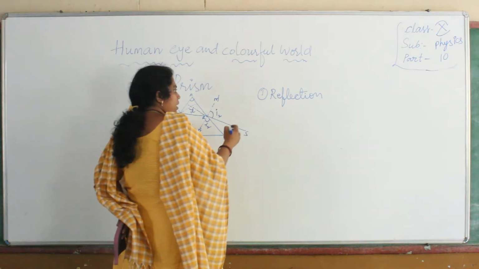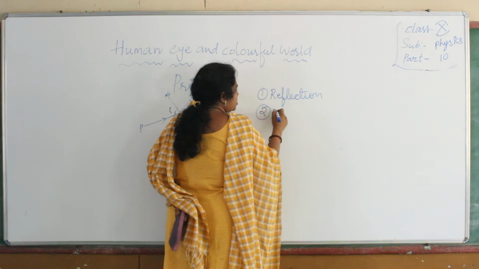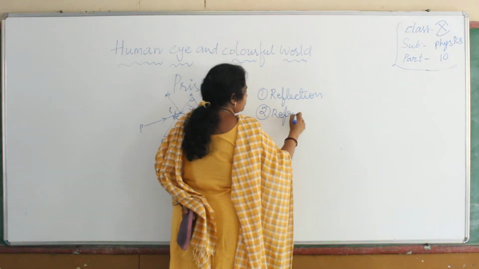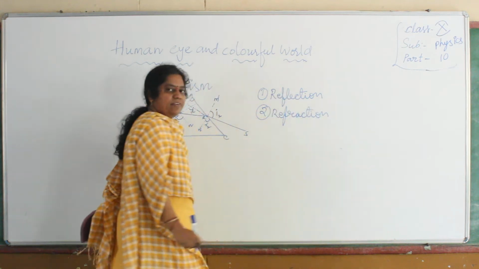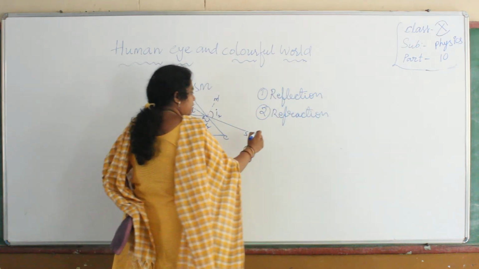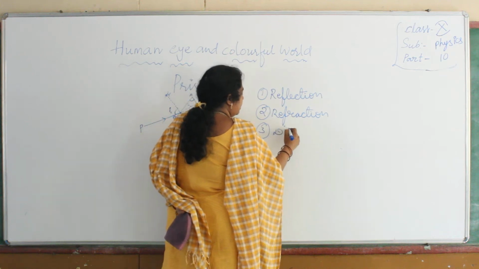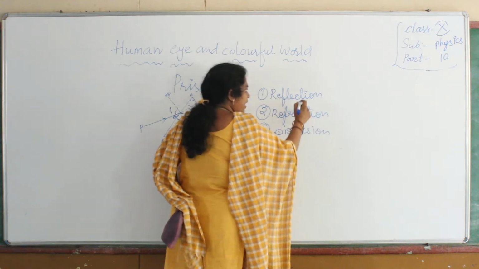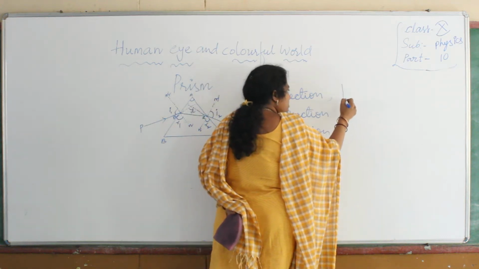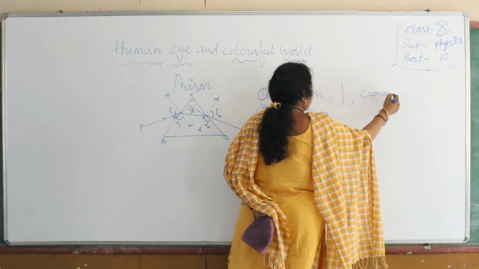The second one is refraction of light, and the third one we are going to discuss is dispersion. Reflection of light we saw through plane surfaces and also through curved surfaces.